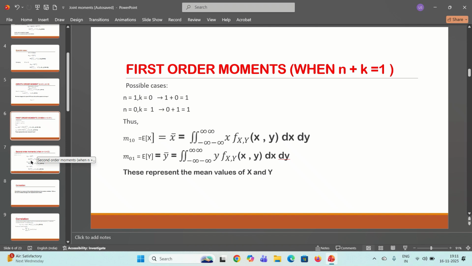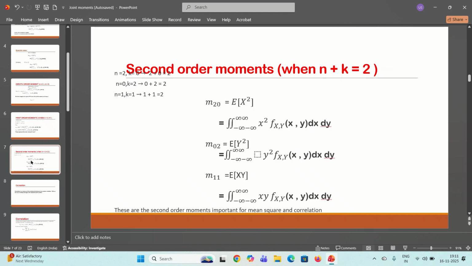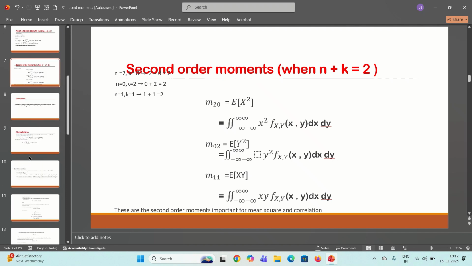Let us see the second order moments in joint moment about the origin. Second order moments occur when n plus k equals 2. Let us consider the first case, n equals 2, k equals 0. The sum of n plus k equals 2 plus 0, that is 2.